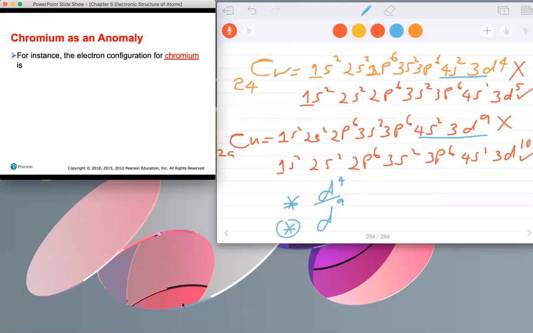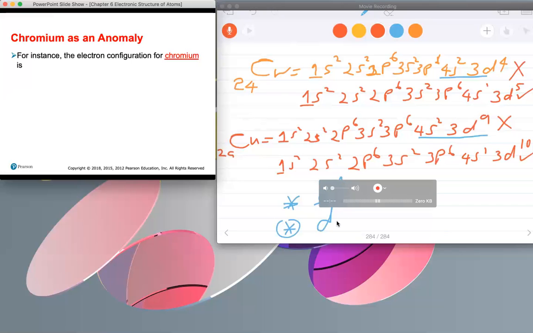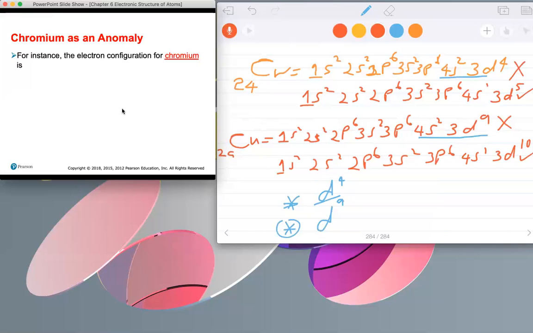Antonio is correct. D4 and d9 is the criteria by which I will know that I need to promote one electron over to the s. There are just a few elements, and as I say, on the periodic table, only chromium and copper among the first 30 elements are the only elements with anomalous electron configuration.